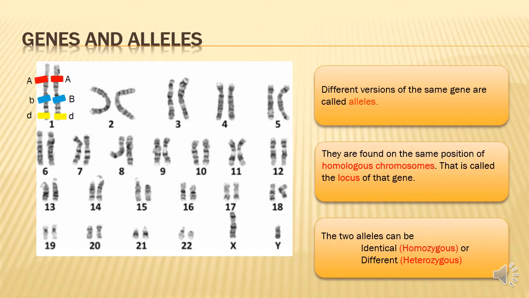We inherit one of these copies from our mother and the other one from our father. It is the same for the rest of the chromosomes also. Since we have 2 copies for the same chromosome, we have 2 copies for the same gene also.